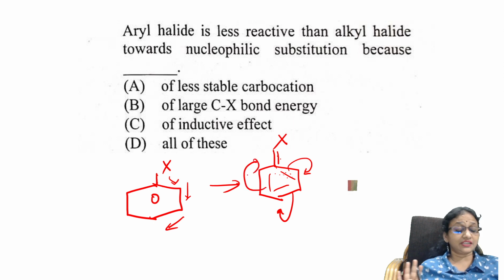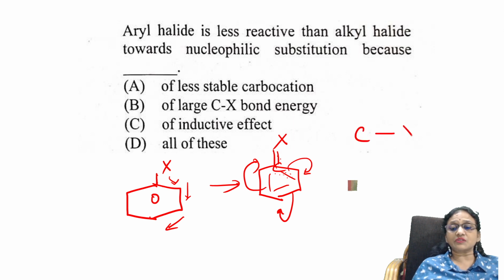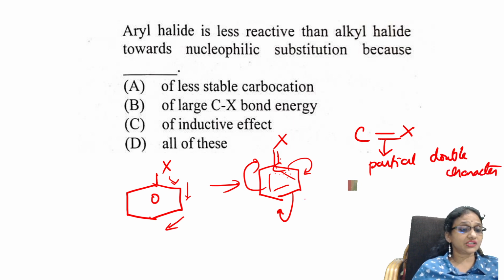Now here you have your C-X bond. Because of the resonance, it has got a partial double bond character. Now you tell me, does a partial double bond character require less energy or more bond dissociation energy?